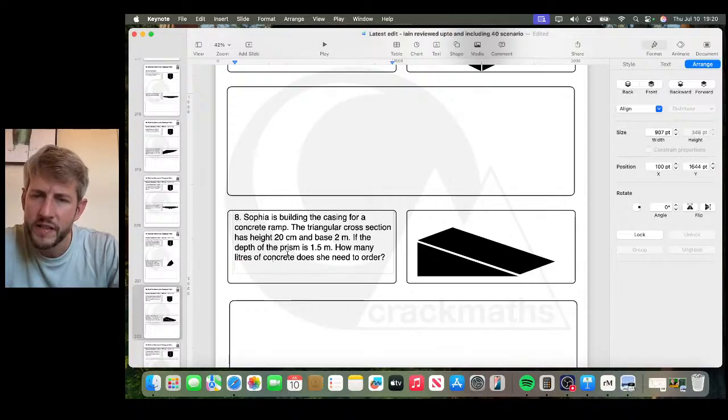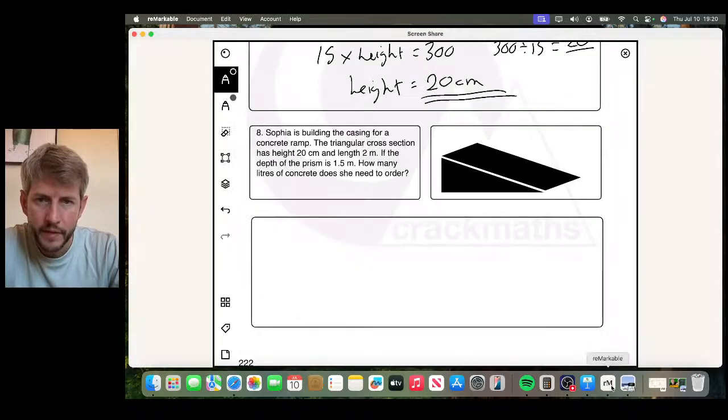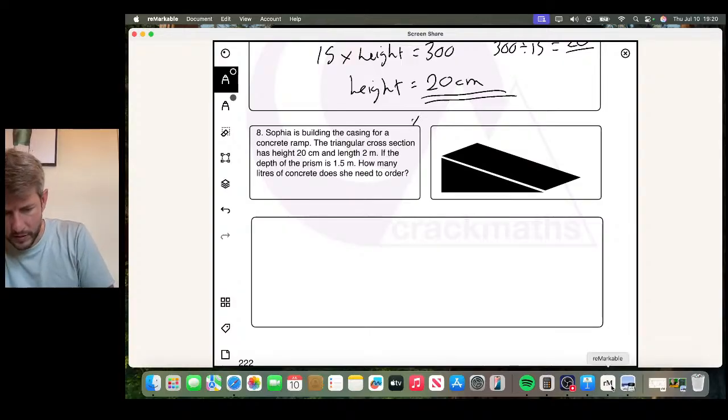If the depth of the prism is 1.5 meters, how many liters of concrete does she need to order? Okay, right, so just to say we've done that, so this has changed to base.